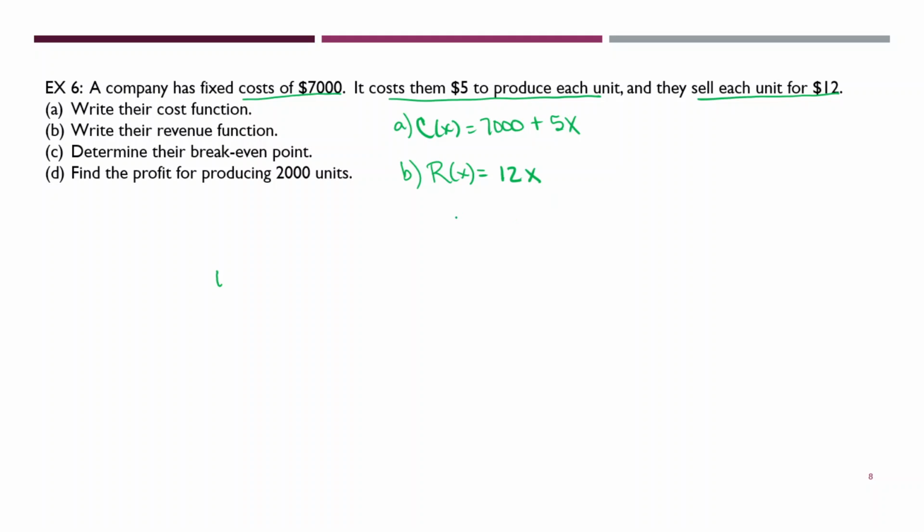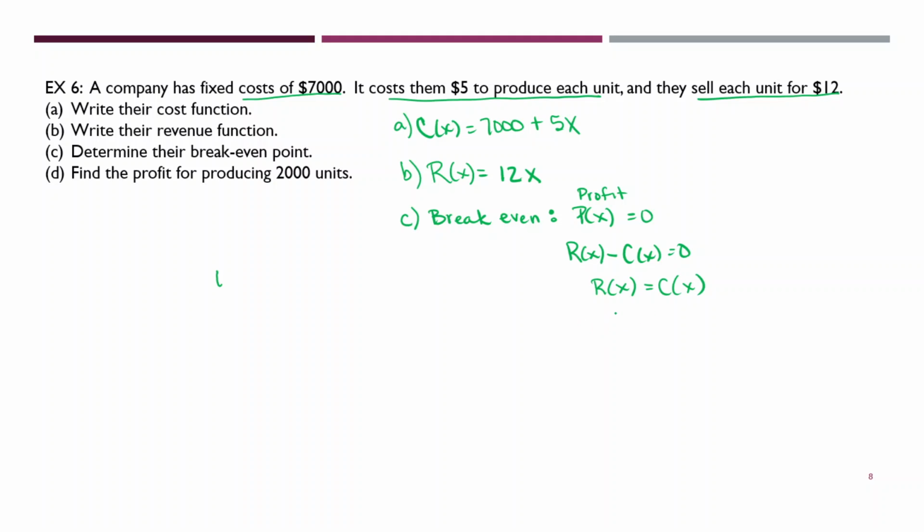Okay. Then for part C, the break-even point is actually where their profit equals 0. Now, profit is revenue minus cost. So this also means that revenue is going to equal cost.